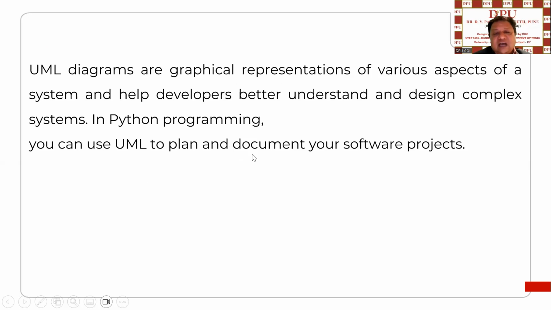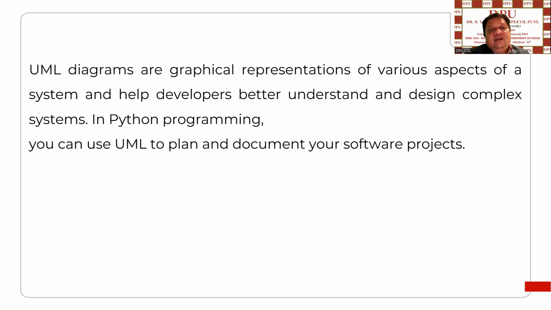UML diagrams are graphical representations of various aspects of a system. Here we are graphically representing the various components, modules, and elements of a system, which will help developers to better understand and design complex systems in Python. Especially here we are doing Python, so we refer to Python as well.